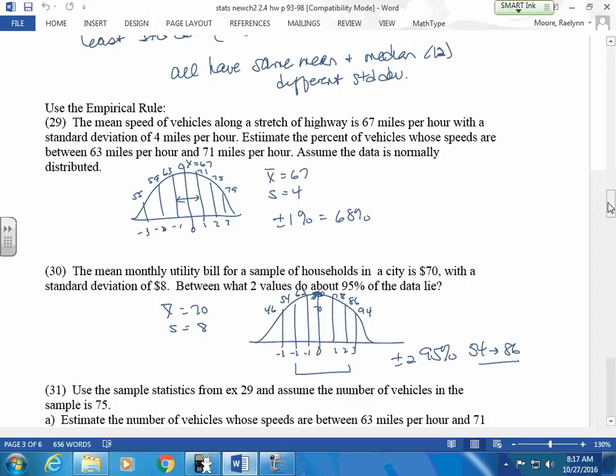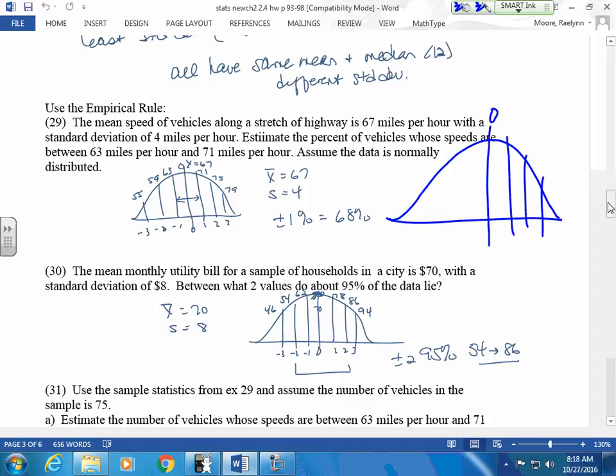Okay. Did everybody get this part? Putting it on the graph? Okay. Again. Very good. Watch. You're going to start like this. Are you guys writing this down if you don't have it? I hope so, because this is what you have to do. Your mean goes here. 67.